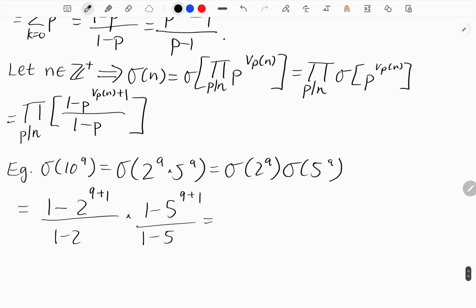And this I computed to be 2,497,558,338. Okay. So this sigma frequently occurs in the study of the asymptotic behavior of the Riemann zeta function.